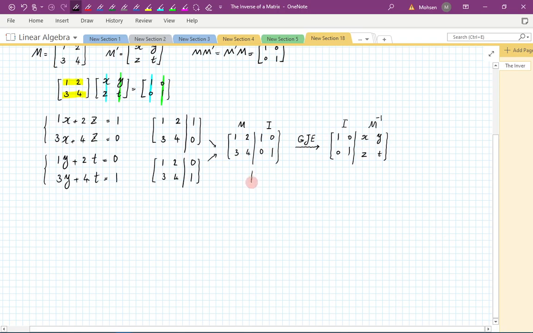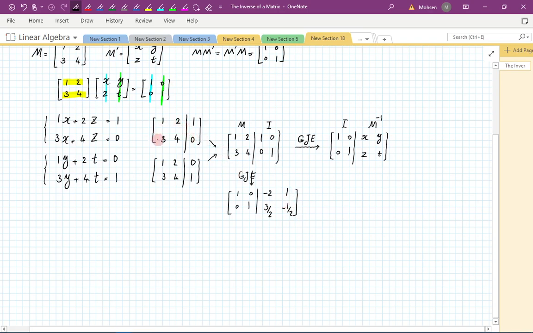We go through a certain number of steps here. What came out of those, so that was our Gauss-Jordan elimination step. I got 1, 0, 0, 1. That was my identity. On the right hand side, I came by minus 2, 1, 3 halves, and minus 1 half.